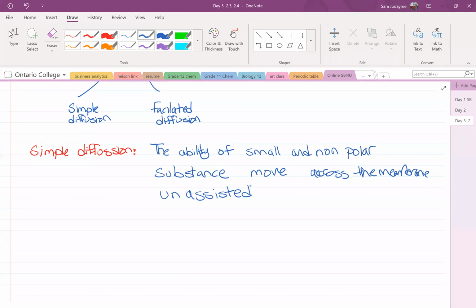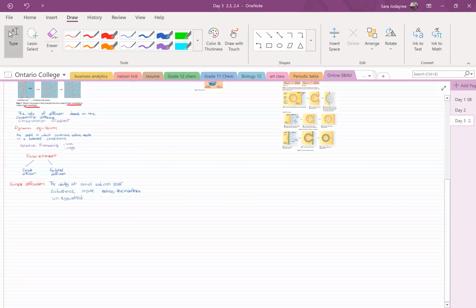Okay, so that is simple diffusion. So let's look at a picture to help us understand what simple diffusion is.